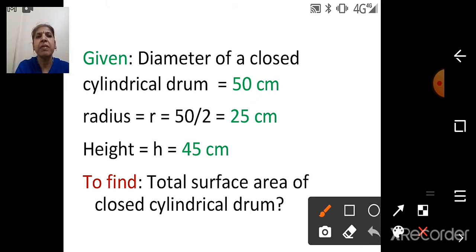So what we will do? Divide diameter, that is 50 by 2, and you will get the answer 25 cm. And height, we write the variable h, so height is 45 cm. Now what do we have to find, children? We have to find the total surface area of a closed cylindrical drum.